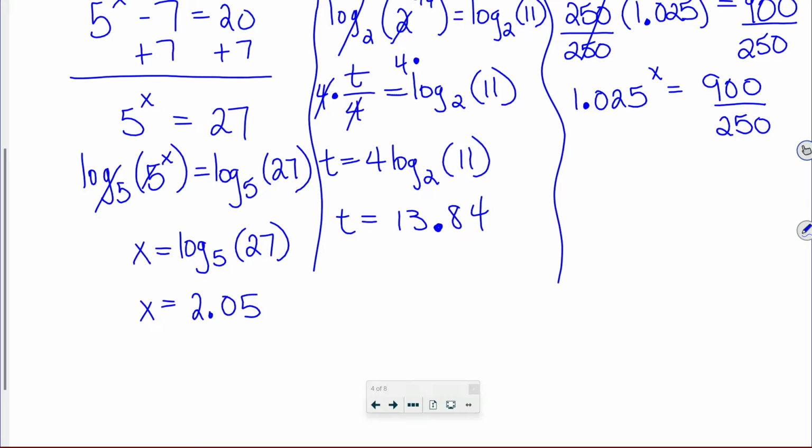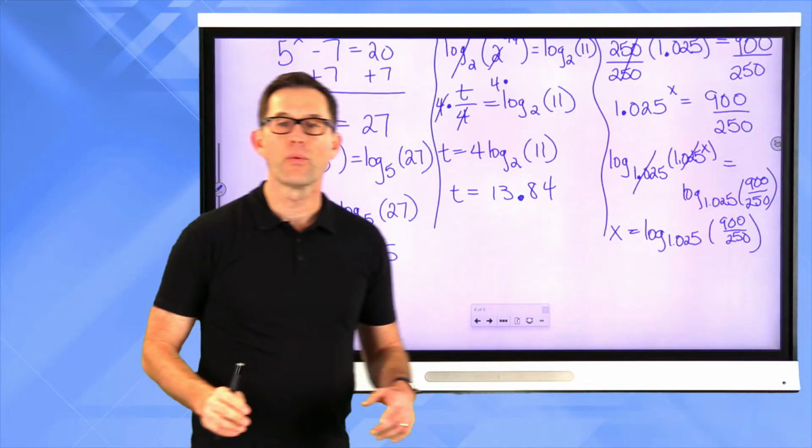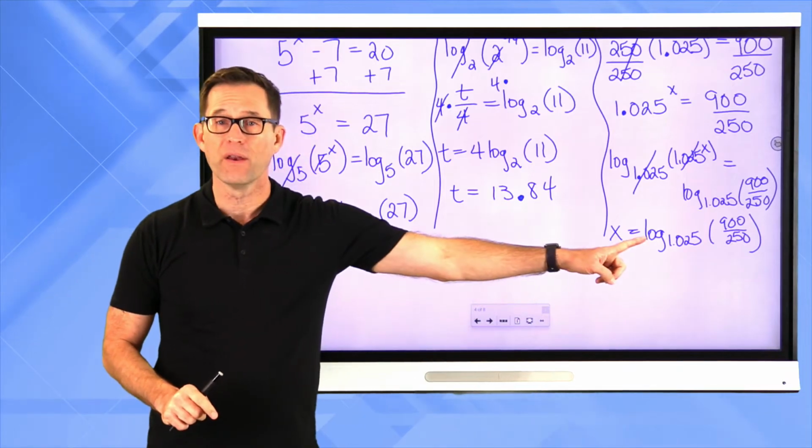I'm now going to take the log base 1.025 of 1.025 raised to the x, which is equal to the log base 1.025 of 900 divided by 250. Those cancel, and now x will be the log base 1.025 of 900 divided by 250. There's absolutely no reason to do anything until I get all the way to this point.